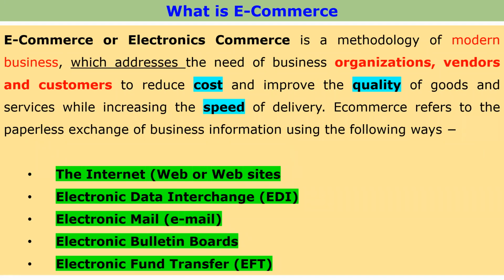Then electronic mail. Sometimes some types of transactions you have to make through email also, and that is also under e-commerce. Then electronic bulletin boards, or electronic fund transfer, EFT, which normally happens from bank to bank, right?